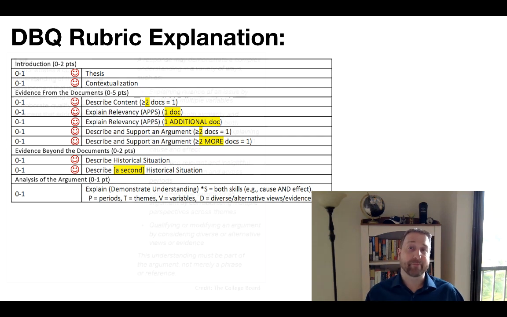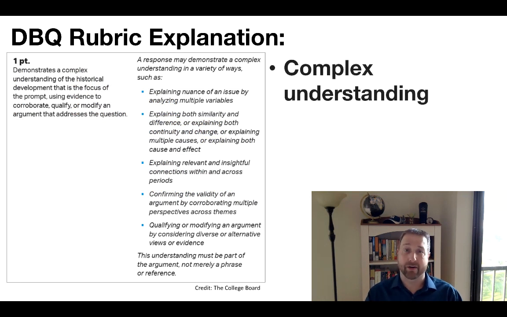For one supporting paragraph or in a separate paragraph, you can analyze the argument and demonstrate your understanding of the historical development by bringing the essay to another level. Now, you can do this in a plethora of ways. You can explain both elements of the same skill, so for example, cause and effect. You can explain connections within and across time periods.